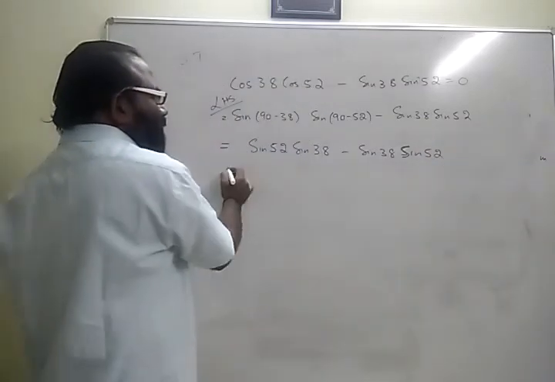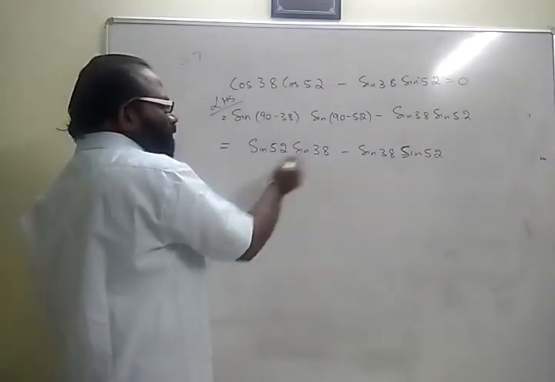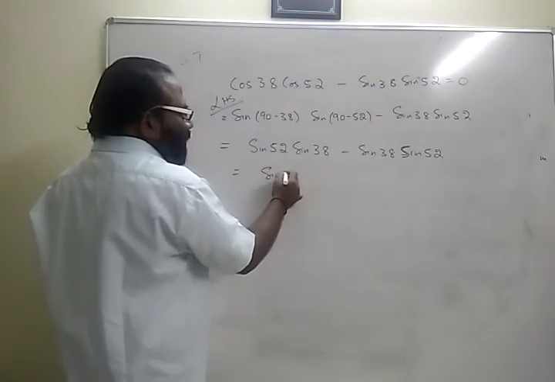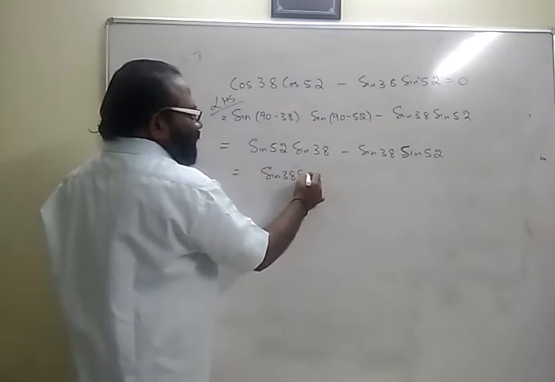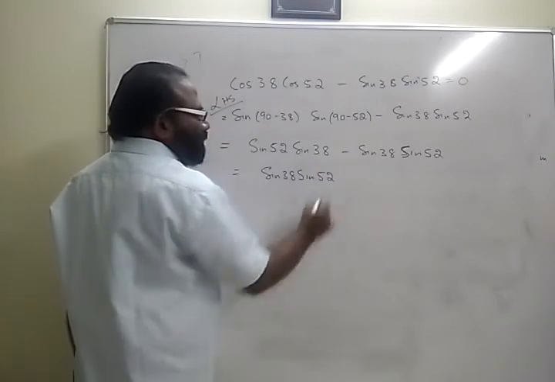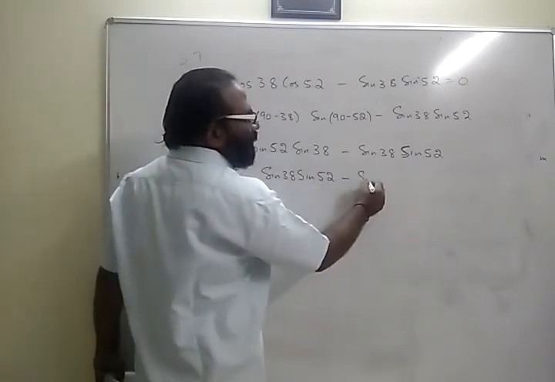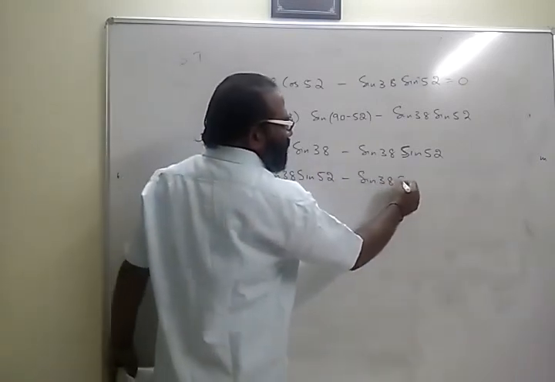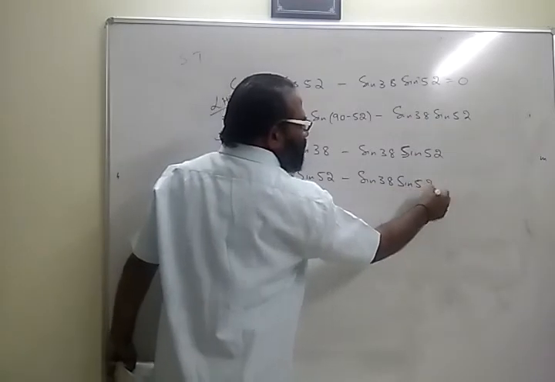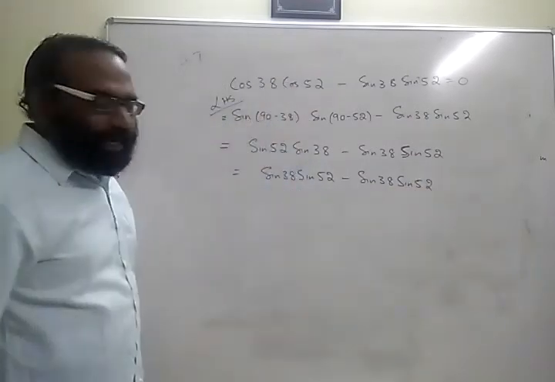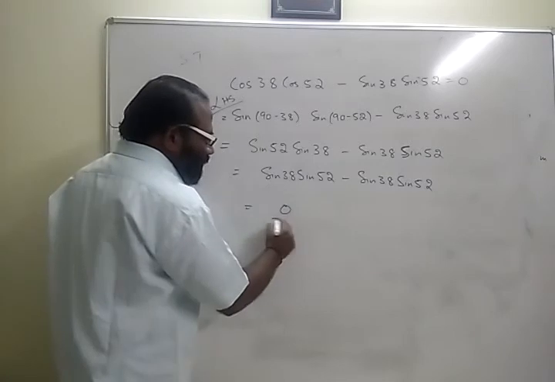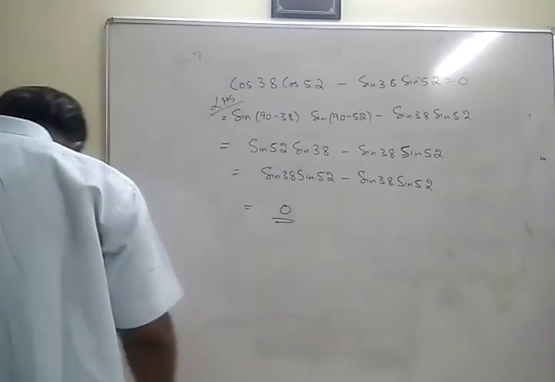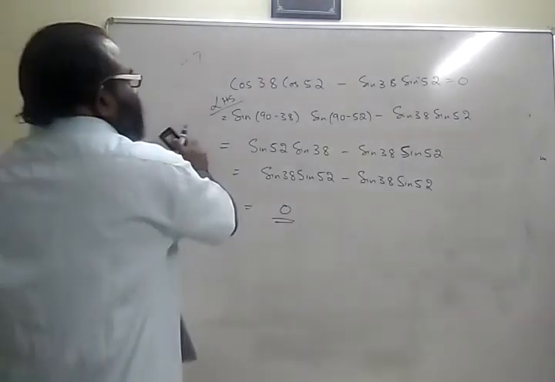I can write this as sine 38 sine 52. So sine 38 sine 52 minus sine 38 sine 52. So both of these terms are equal. So I get 0. Going on to the next one.